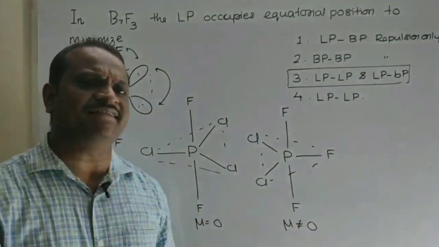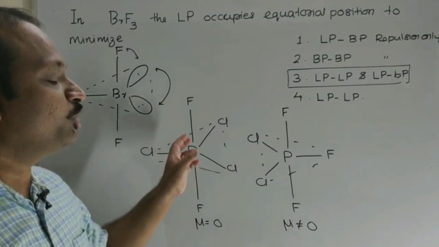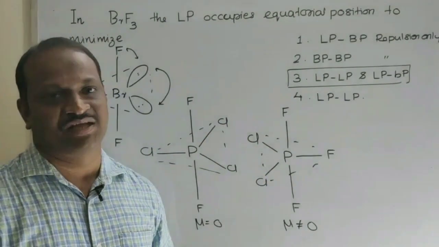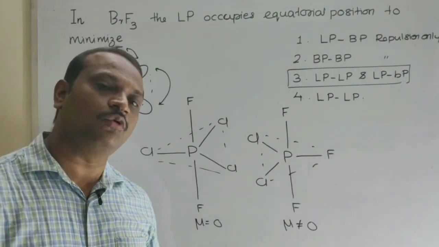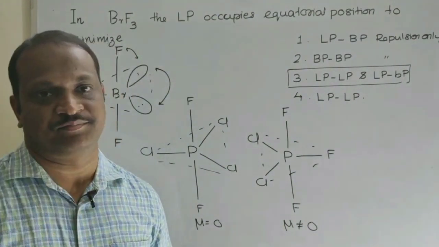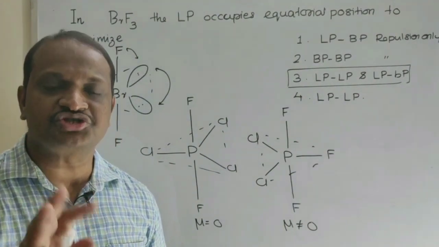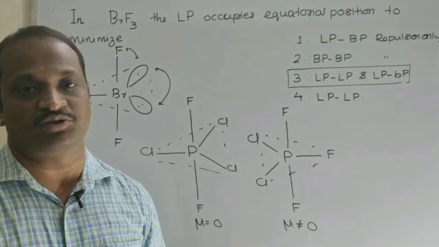But in both cases you have noticed one thing. I kept fluorine on the axial line, on the axial bond. Why are we keeping fluorine on the axial? Whenever we are arranging the elements, the most electronegative atom must occupy the axial position.